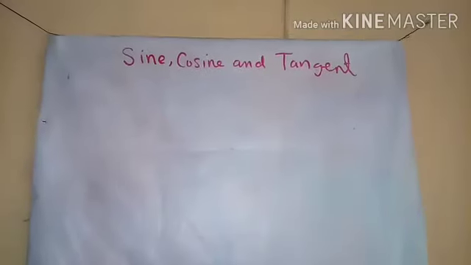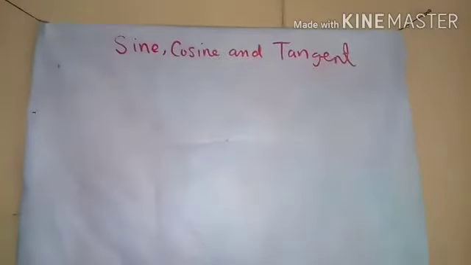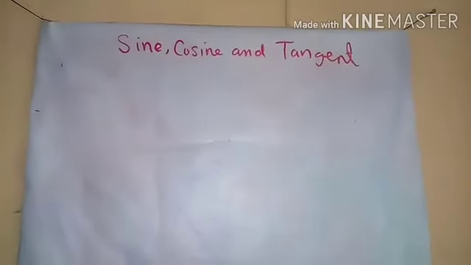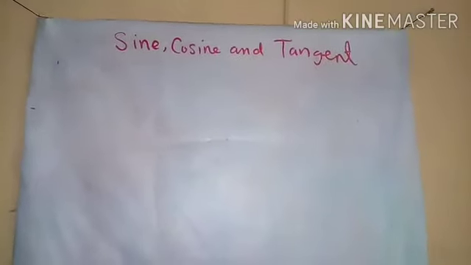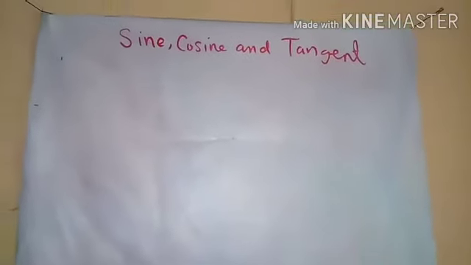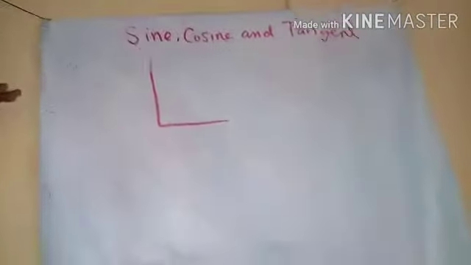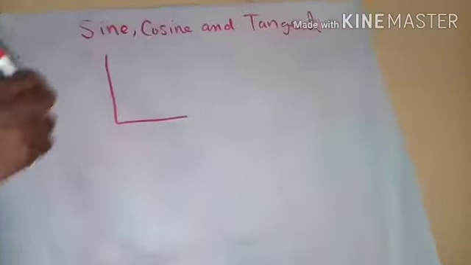We're going to derive sine, cos, tangent of 30, 45, and 60. How do we go about it? We're going to use the triangle to discover it. We're going to use an isosceles triangle to get it. It goes this way. The isosceles triangle at the same time will be a right angle triangle.